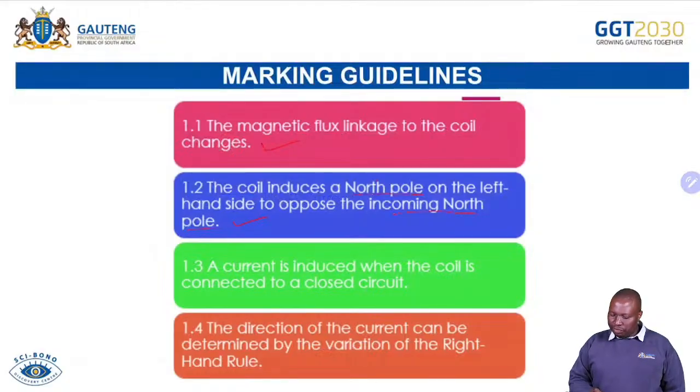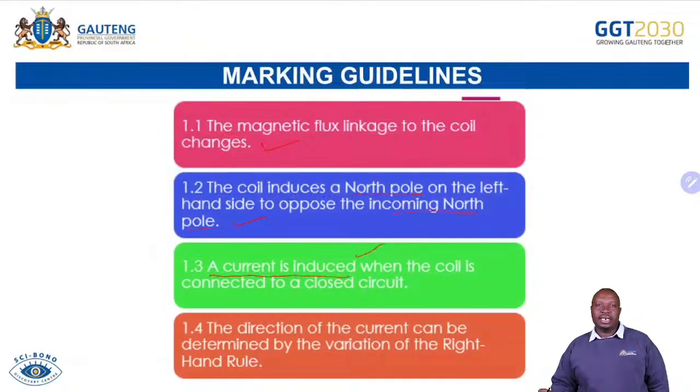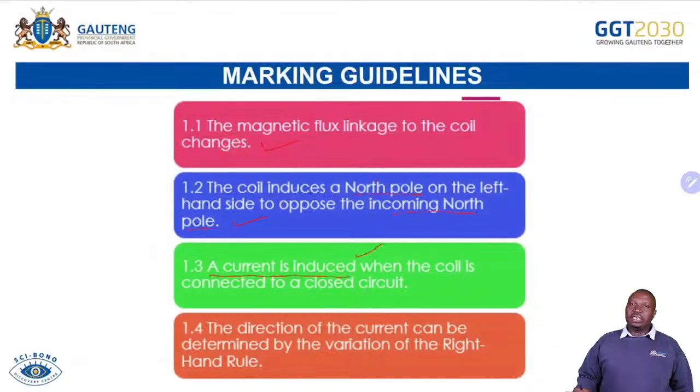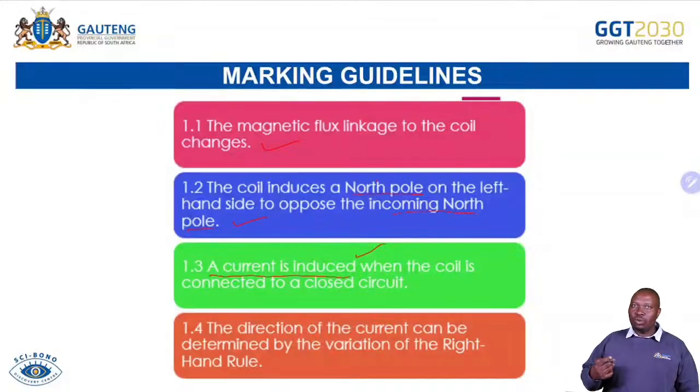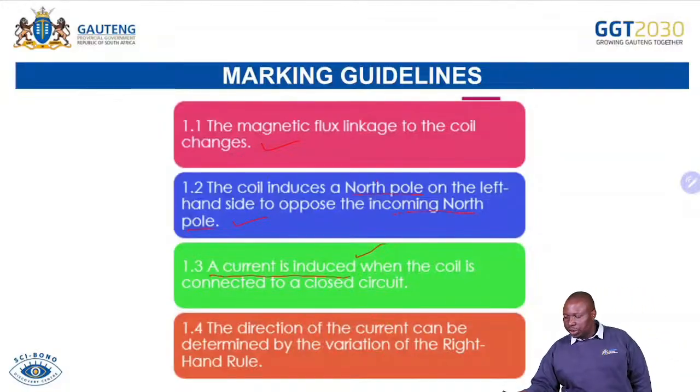So as long as we have induced EMF and a closed circuit, we'll have an induced current. And what is the direction? We're saying the direction of the current can be determined by a variation of the right hand rule, and you were able to see that the direction of the current is the one that opposes the inducing action.